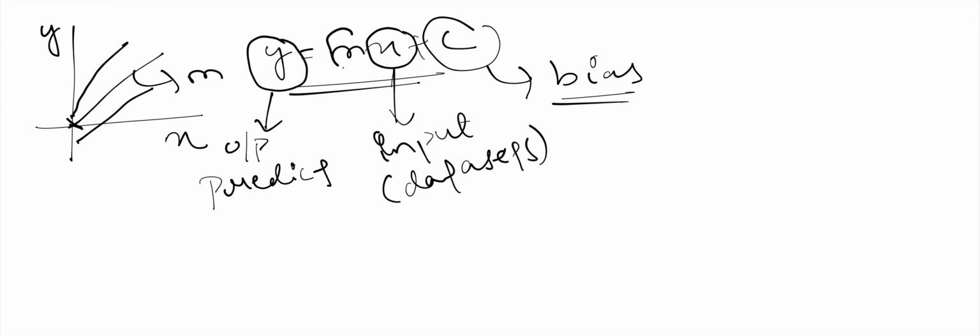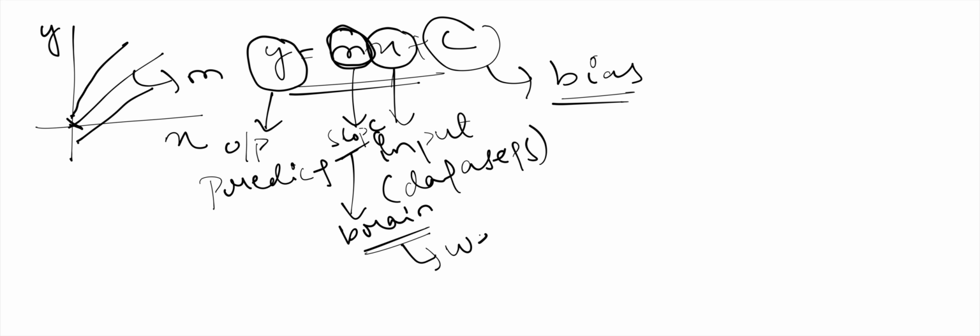The main thing here is the M, the slope. This is the brain. In machine learning, we call this the weight.